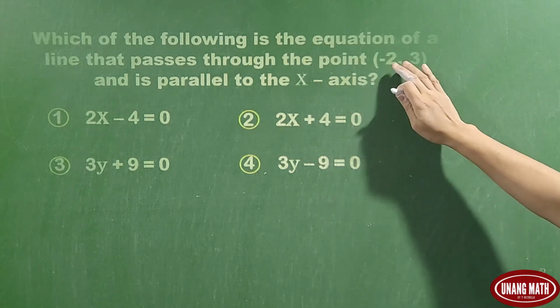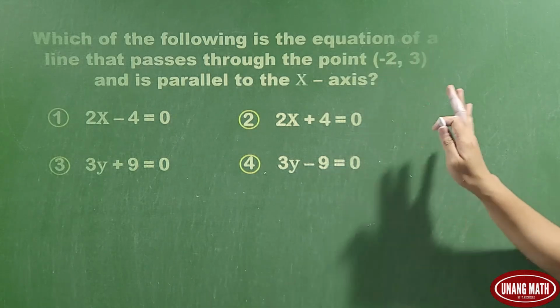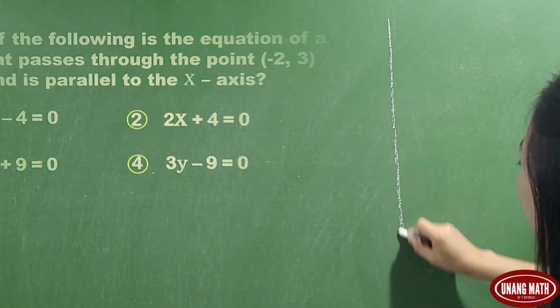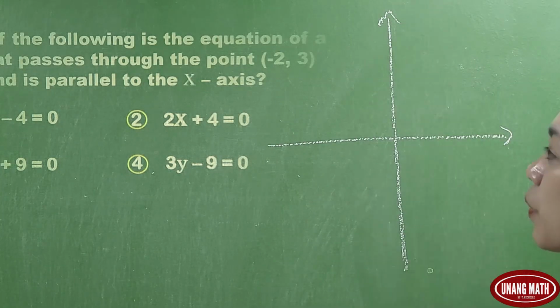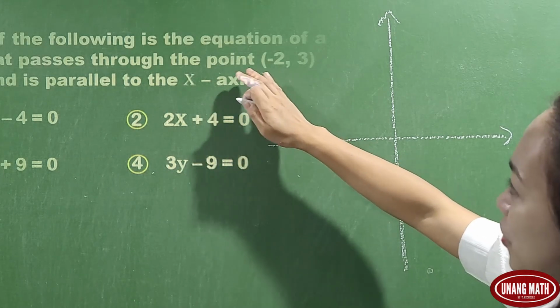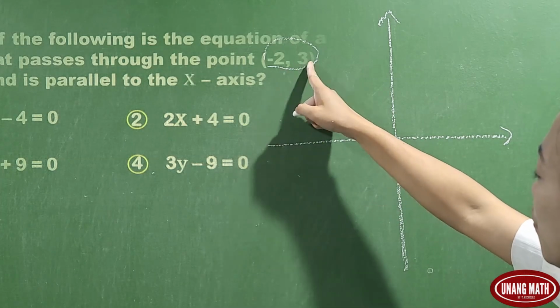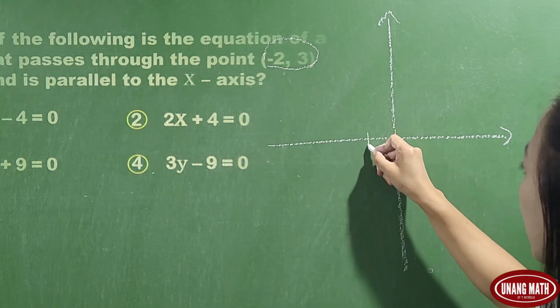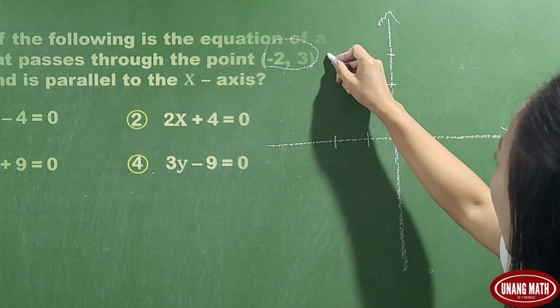So we are going to plot the point (-2, 3) in our coordinate plane. So this is our x-axis and this is our y-axis. According to this problem, the equation passes through the point (-2, 3). So let's find (-2, 3). Where is this point? So negative 2, 1, 2, 3.